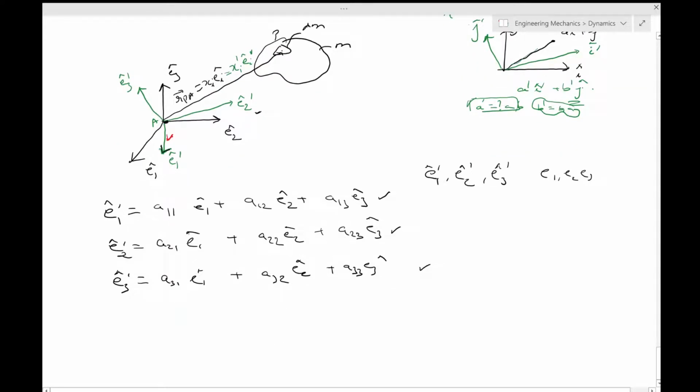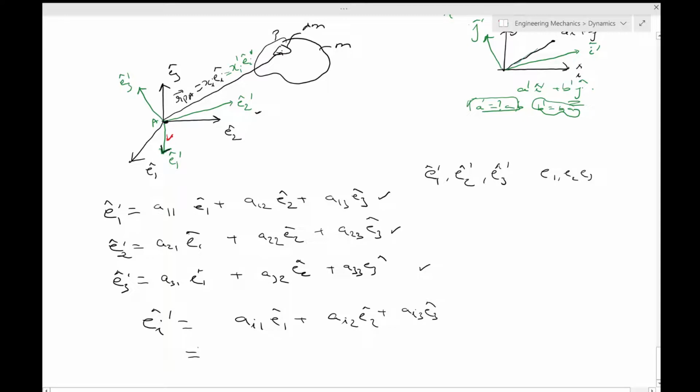Now this in the most general form can be written as ei dash equals Ai1 e1 hat plus Ai2 e2 hat plus Ai3 e3 hat.